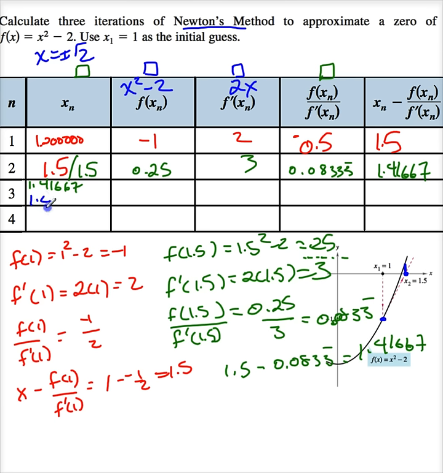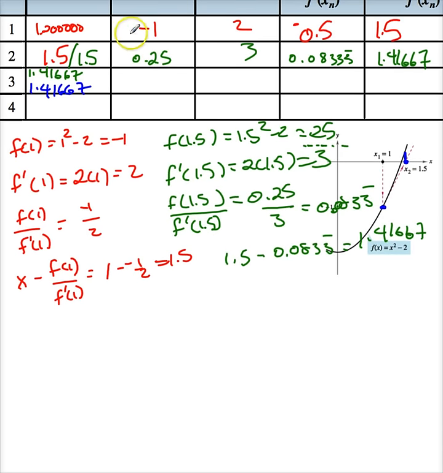You do not have to do this. I'm just showing you because I'm doing each one in a different color. Let me come on down here. I'm going to need to extend my page a bit. The next term I need is f at 1.41667.